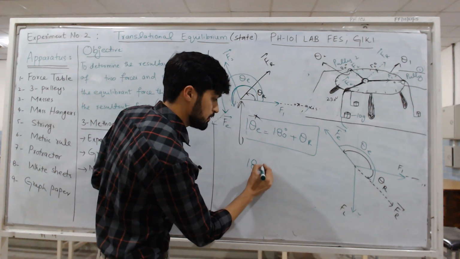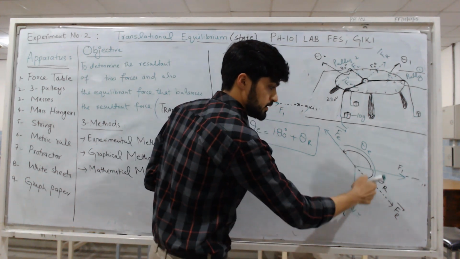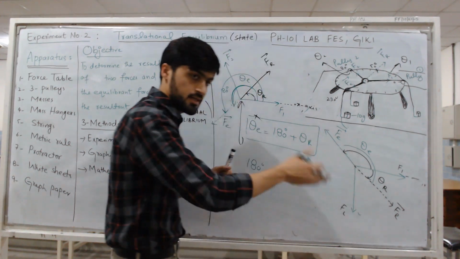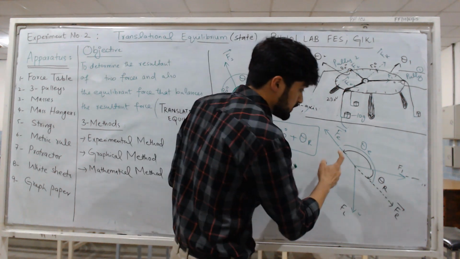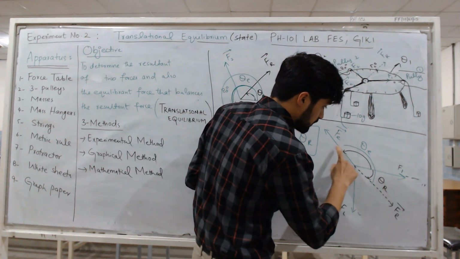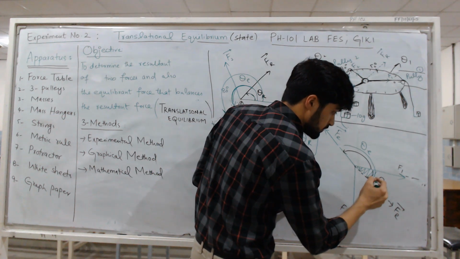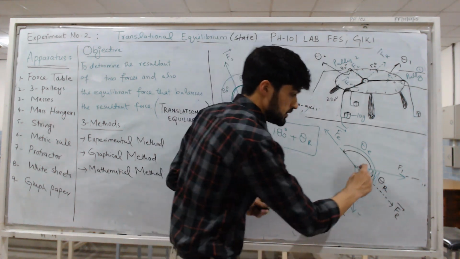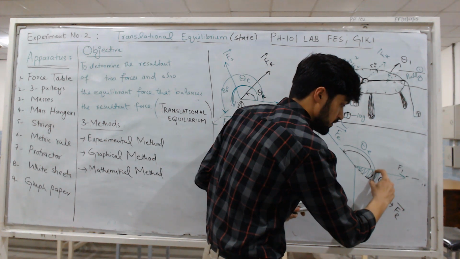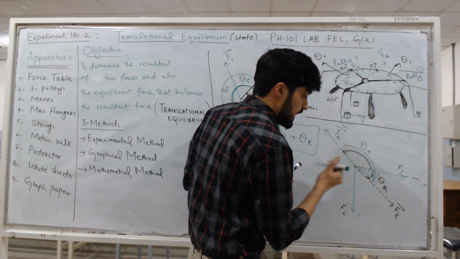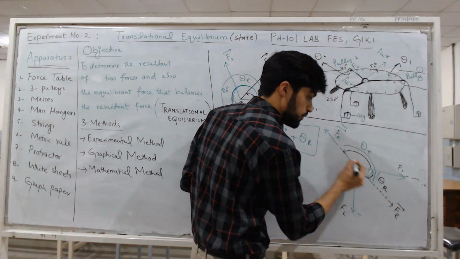180 degrees is this complete green semicircle. This is because these two forces are at 180 degrees. So if I subtract theta R from this 180 degrees, I will get this black arrow.